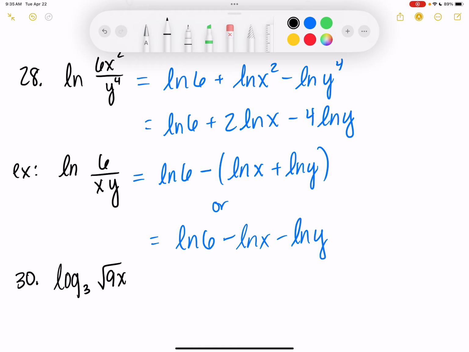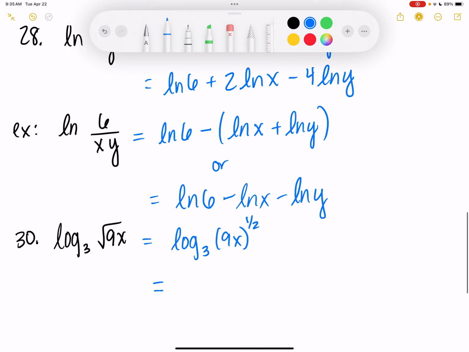So if I do that, then I would have log base 3 of 9x raised to the 1/2. That means that both of those things are being raised to that. Then what? You move the 1/2 out. Yep. So it'll be 1/2 log base 3 of 9x.